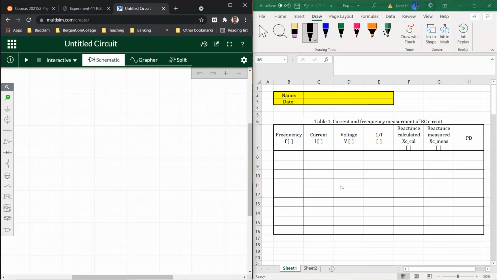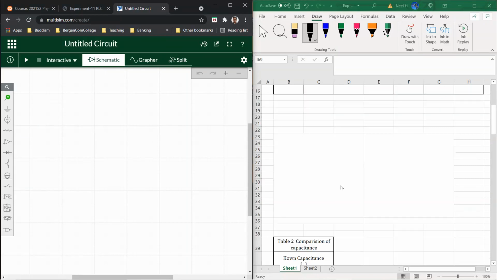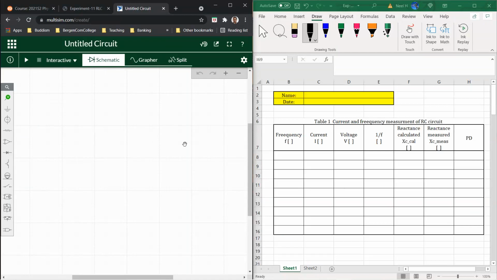But first, inductor and capacitor, I would like to see how the inductor and capacitor themselves behave in terms of AC voltage, whether the reactances are really a function of frequency or not. Then we can go on and connect them together and see how it is affected with the AC voltage.